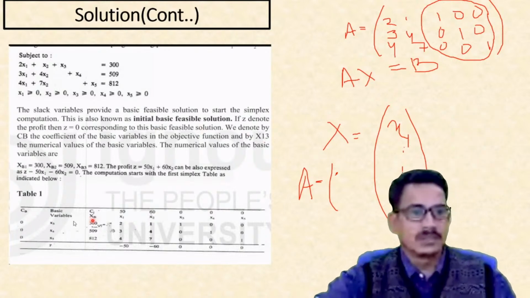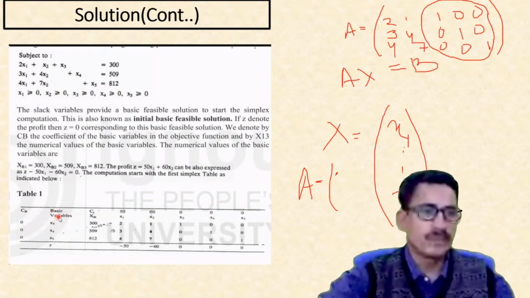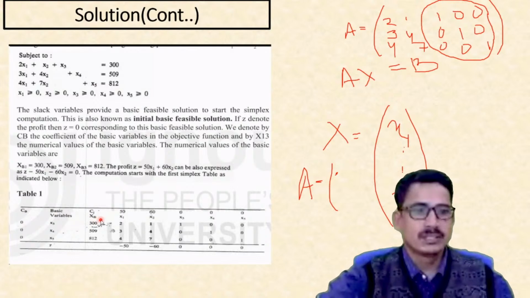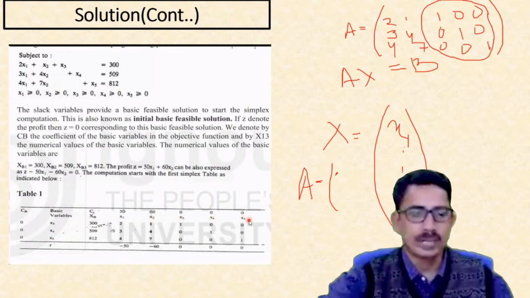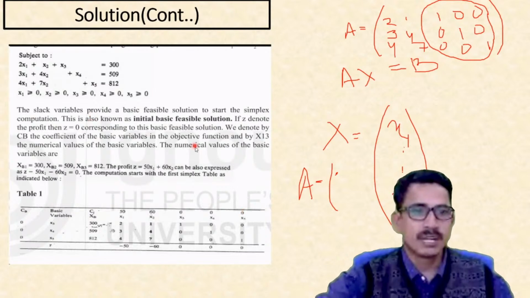Now, let us see the table. Tables always have the format: CB, basic variables, then XB, then x1, x2, x3, x4, x5. Why up to x5? Because we have 5 variables. Cj means the cost values, or coefficients, of xj. Here the x1 coefficient will be c1, the x2 coefficient is c2, the x3 coefficient c3, then c4, c5. But before that, first you have to see what the objective function was.